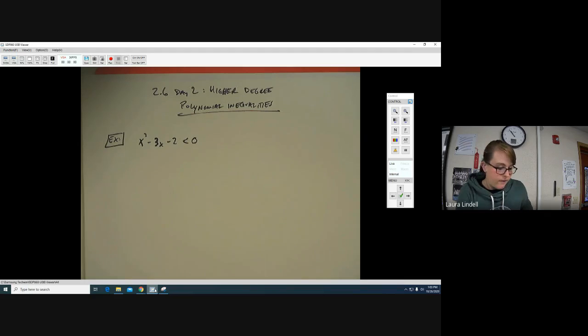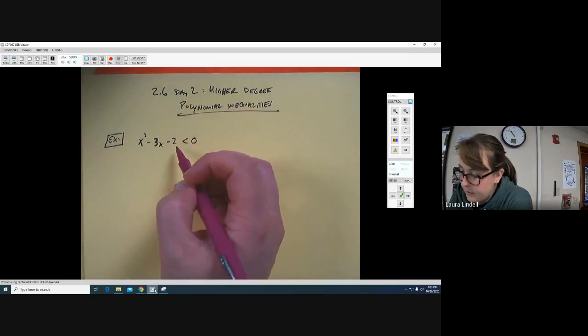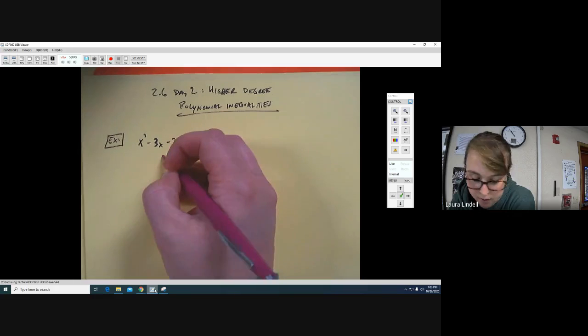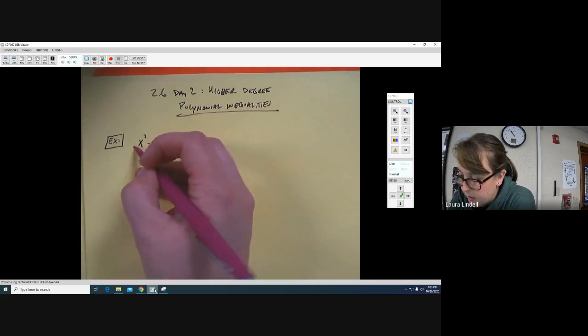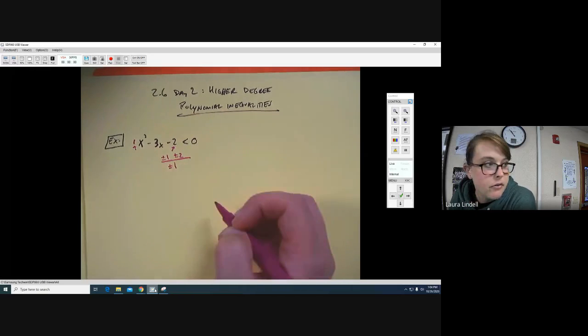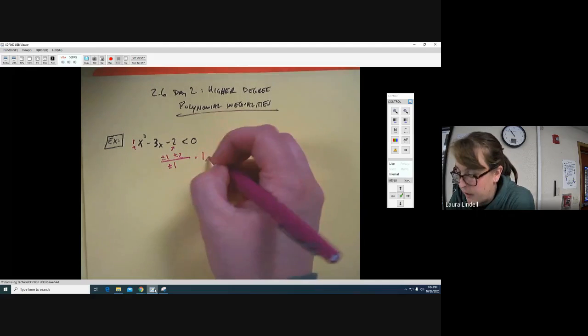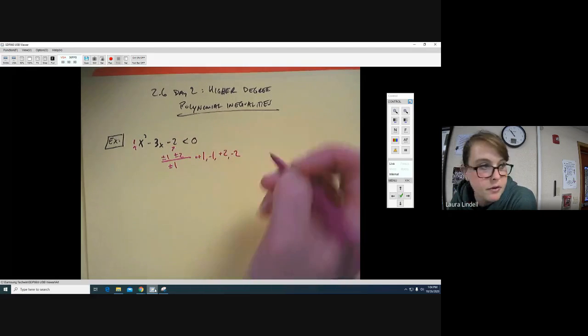If you want to, you can remember that the last term, if I were to write down the factors of that, we have plus or minus 1 and plus or minus 2. And then the leading coefficient was 1, so we divide by the factors of the leading coefficient. This would tell us positive 1, negative 1, positive 2, and negative 2.